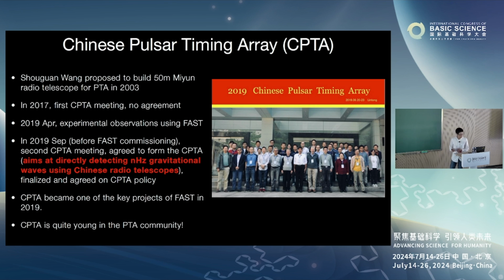In the same year, the CPTA project also became one of the five key projects of FAST. That means we do not have to write a proposal every year to get FAST time, which is a great help for us. Compared with other PTAs, we are a very young collaboration in this community.